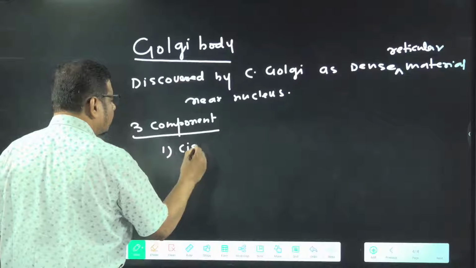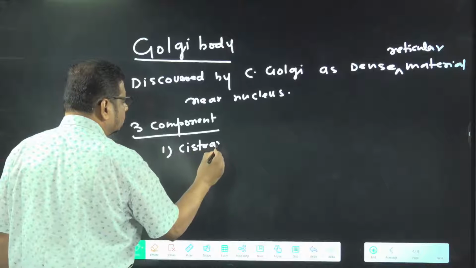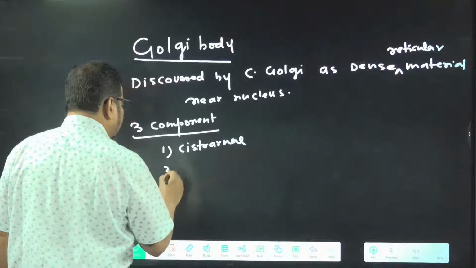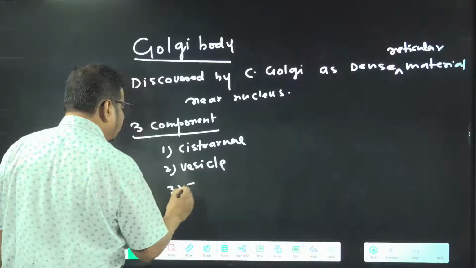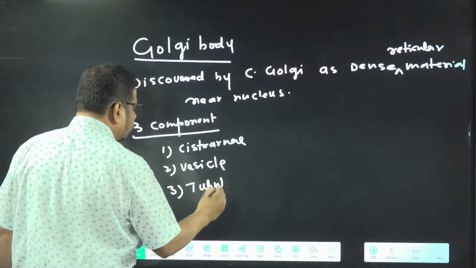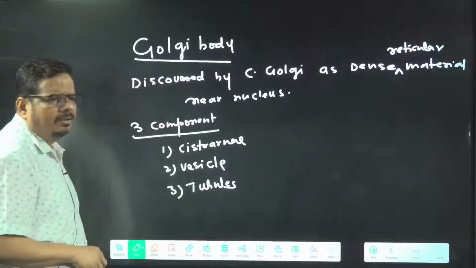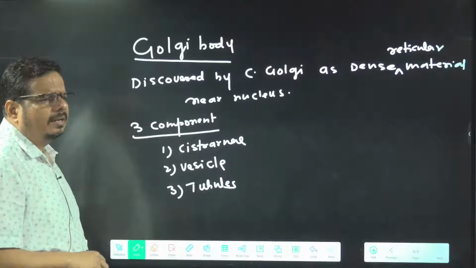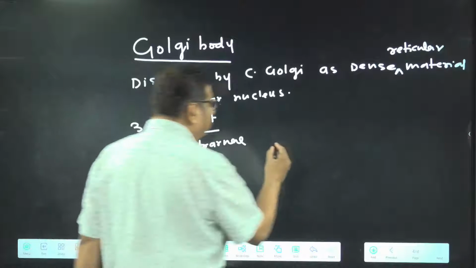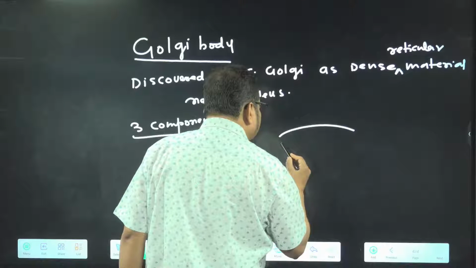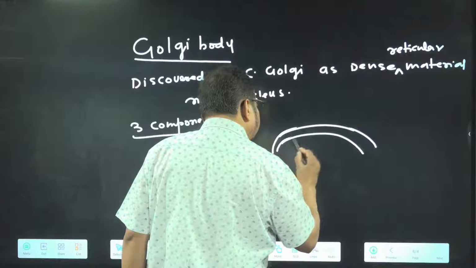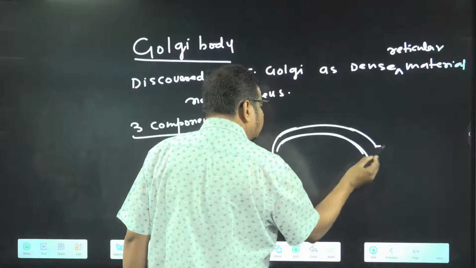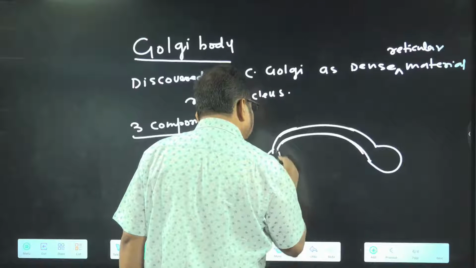Cisternae, the second component vesicle, and the third component tubules. Is it clear in the mind or not? Cisternae, here also you will find somehow flat, disc-like structure. It is cisternae.